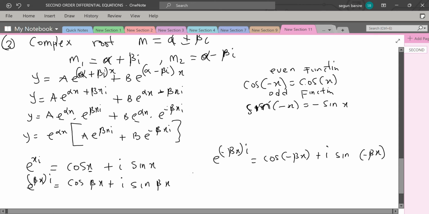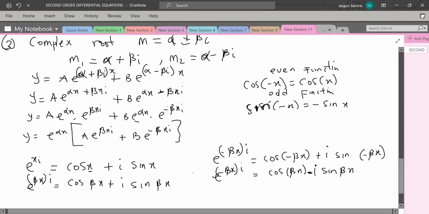So this is odd, this is even, and we apply that here. That will give us cos βx, because the minus will be swallowed by the cos. But sine is an odd function, so the minus will jump out, so this plus becomes minus. So you get cos βx minus i sin βx.